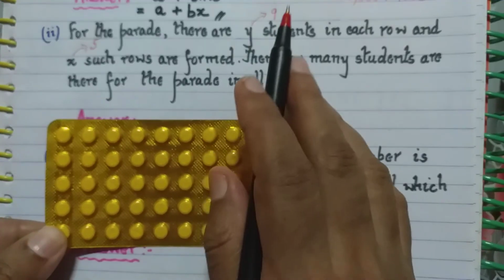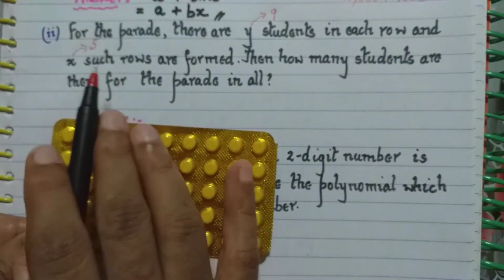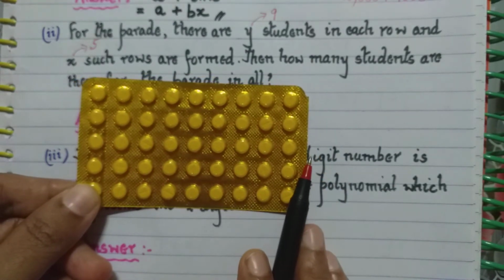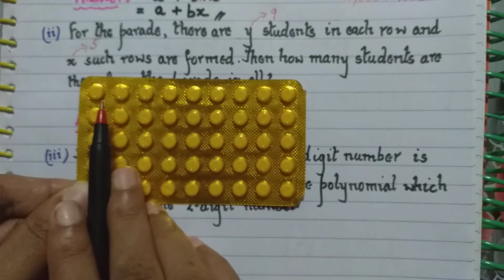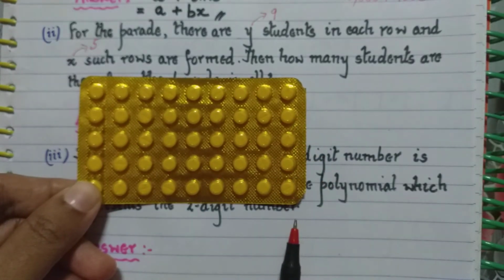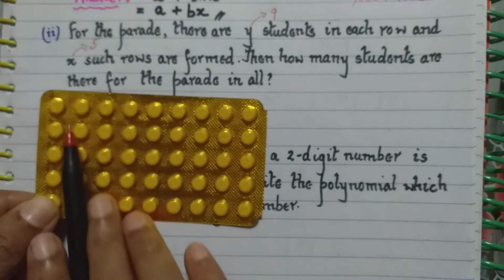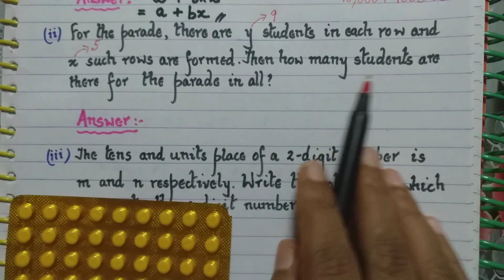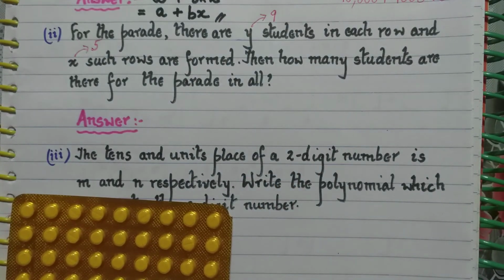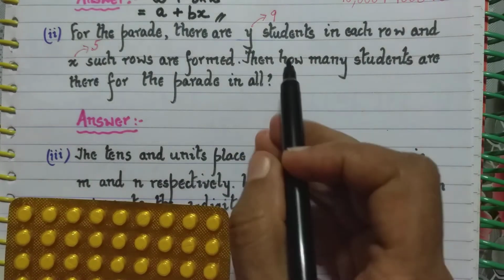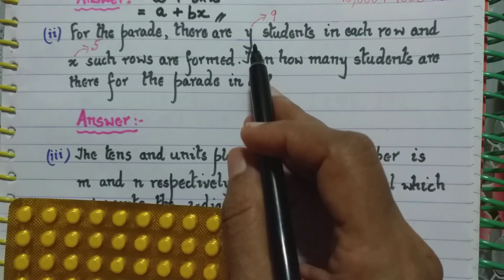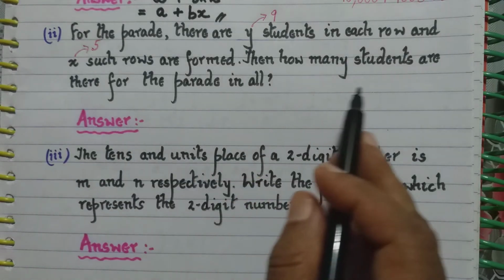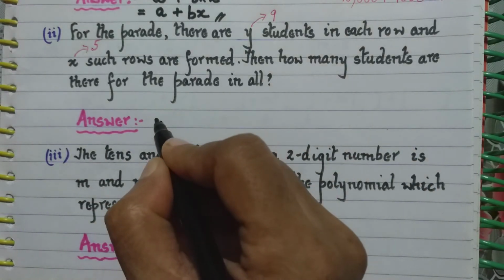And now with this 9 and 5, how will I know how many tablets are in this strip? It is simple. 9 into 5. So if I have to just multiply 9 into 5, if I have to find the total number of students here, in place of 9 I had Y, in place of 5 I had X. So what will be the total number of students?